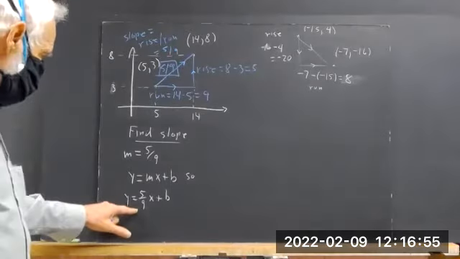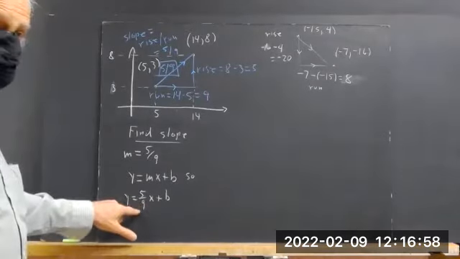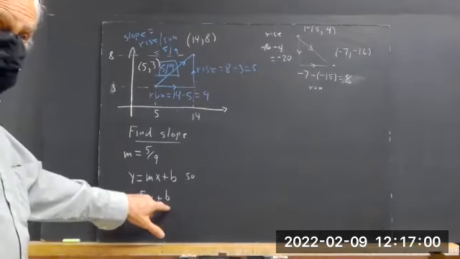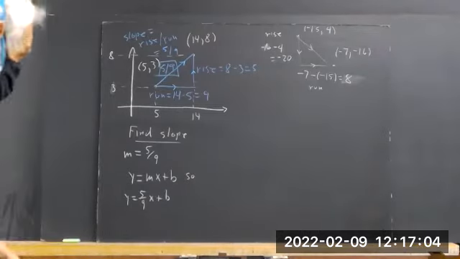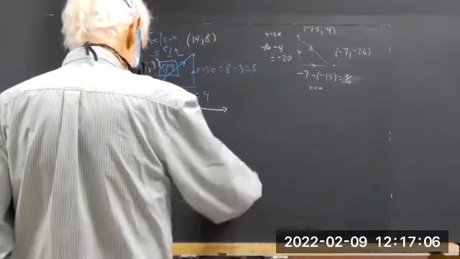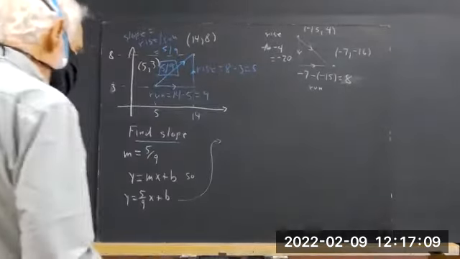So you've got one of the two numbers you need to have an equation. You need a number for b. How are you going to get that? That's a big deal. Got to find b.